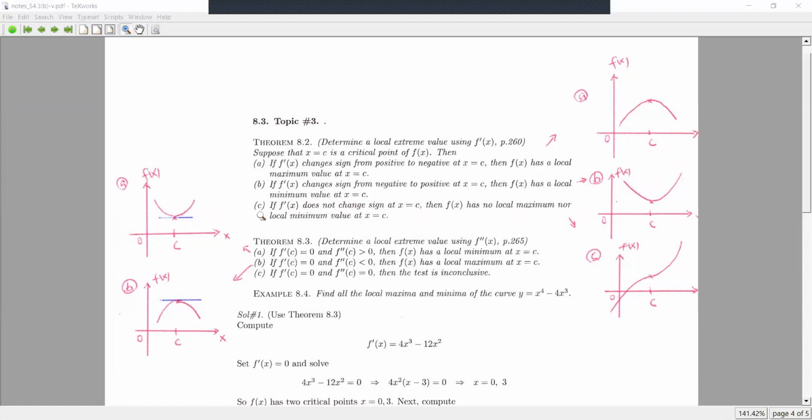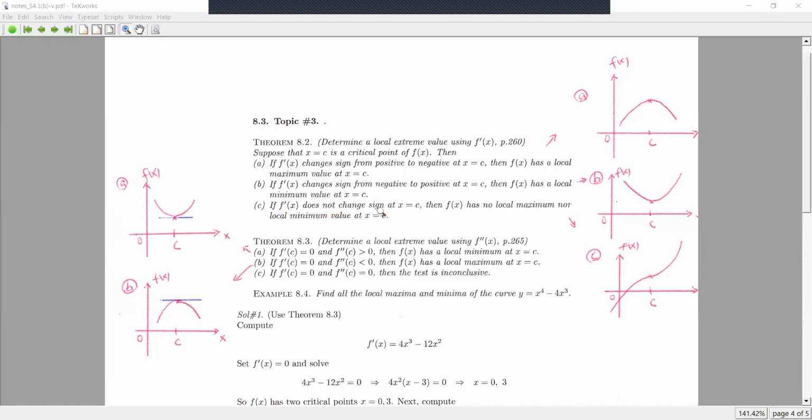Case C, if the derivative doesn't change sign at the point C. For example, on the left side of the point C, the derivative is positive. The graph of f is increasing on the left.